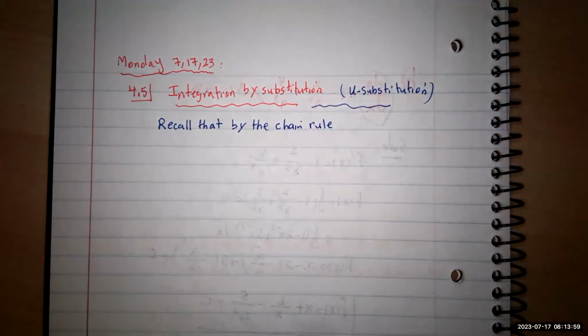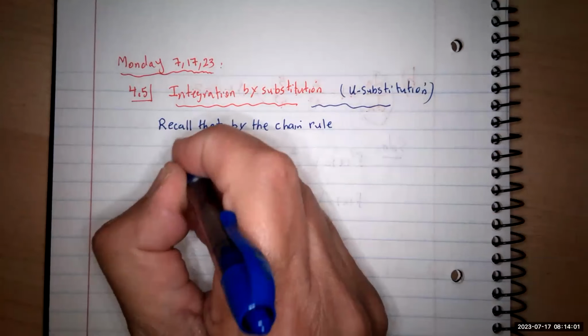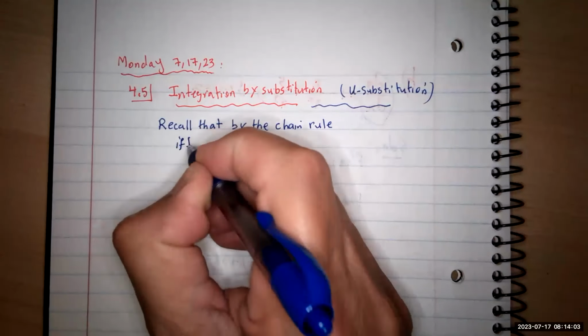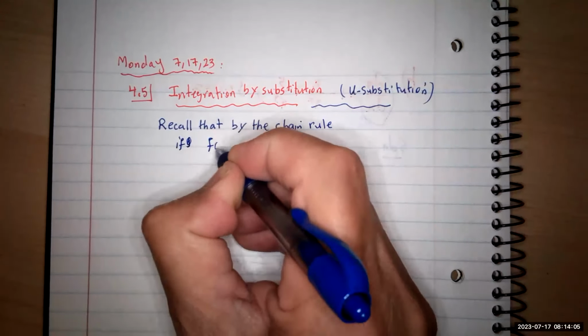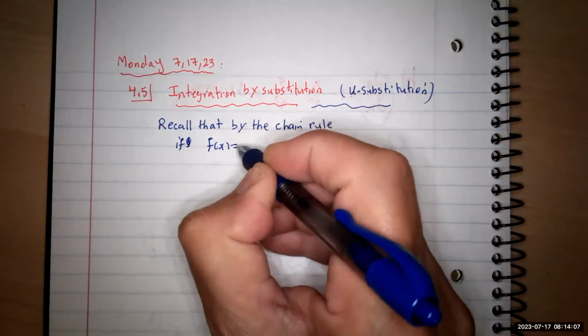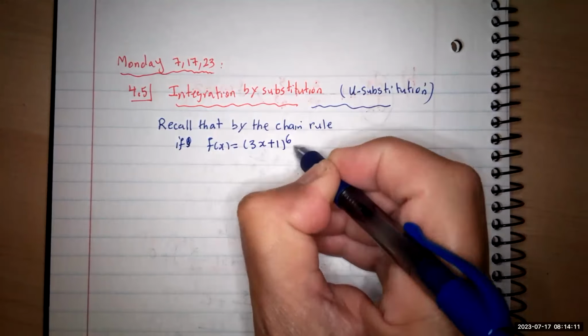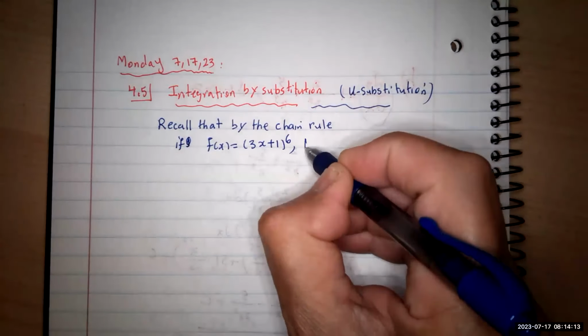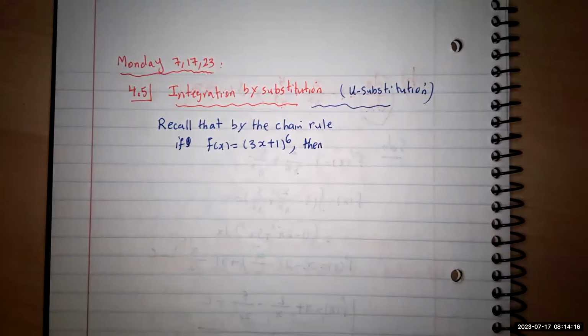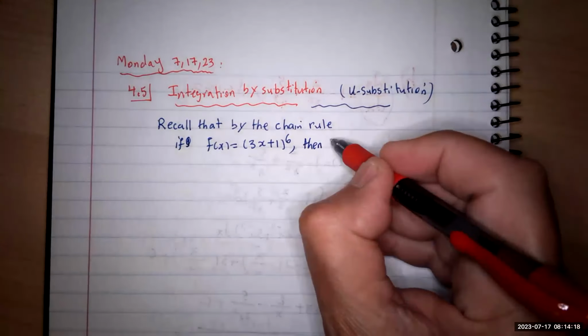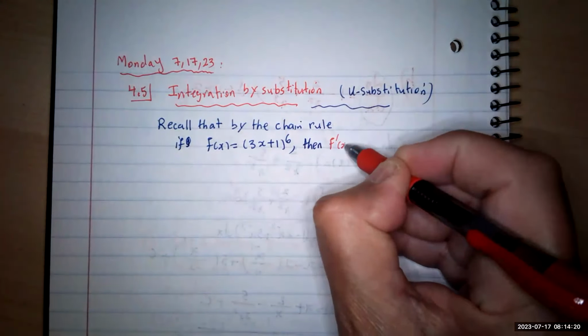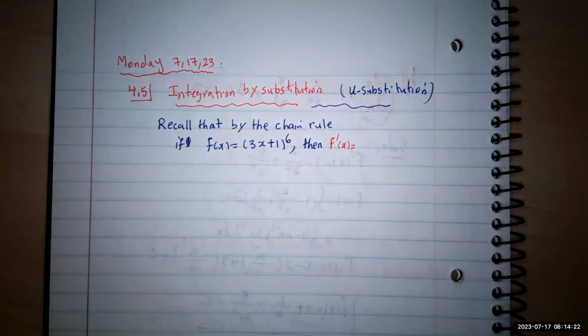Remember, if you want to find the derivative of this function, if f of x happens to be (3x plus 1) to the 6, then what's going to be the formula for this one? The formula is f prime of x. Remember, we take this one as u to the 6.